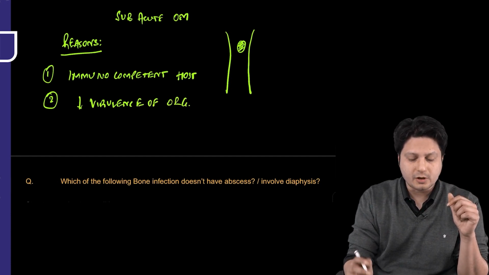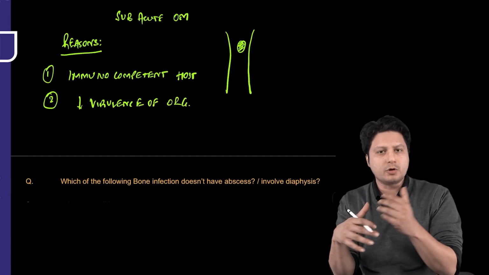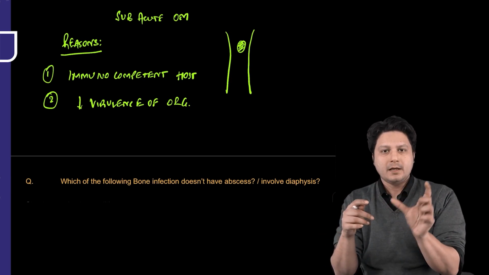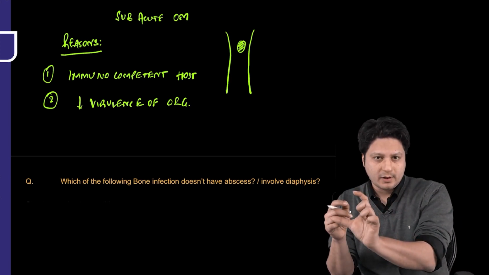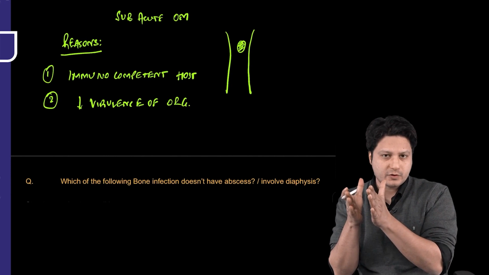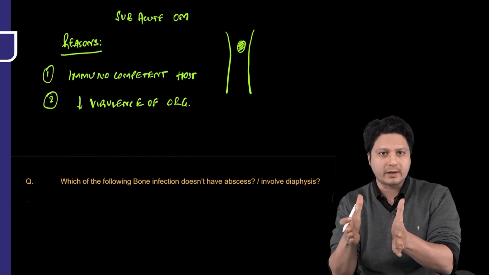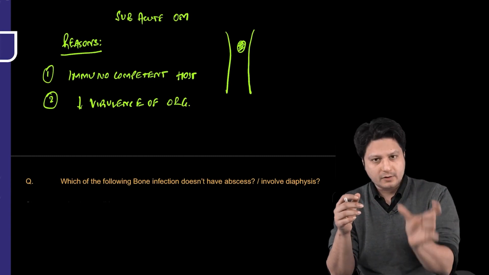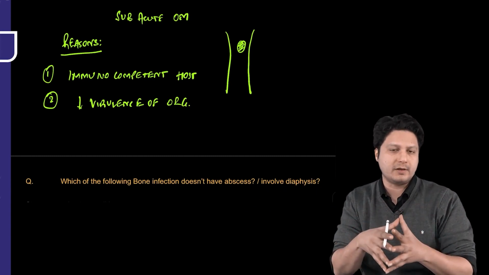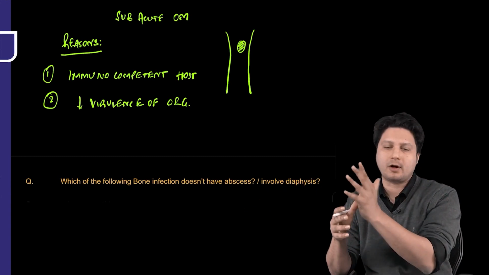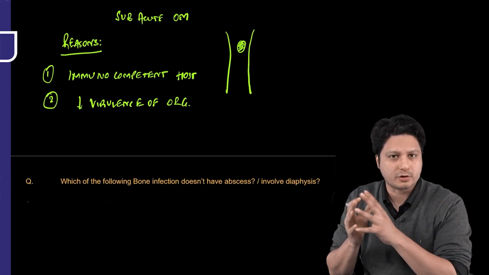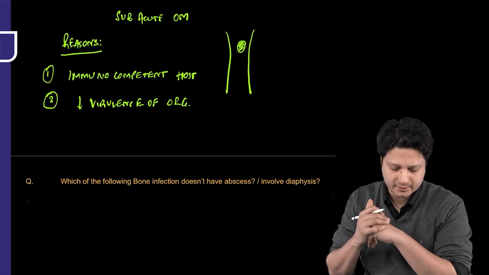So these are the potential causes for subacute osteomyelitis. Now you can very easily understand that because the organism is less virulent, it is well contained within the confines of the bone. The normal host defense mechanism is not allowing this organism or the infective pathology to move beyond the confines of the bone. So it remains unnoticed for a long duration of time. That is what the subacute osteomyelitis or Brody abscess is.